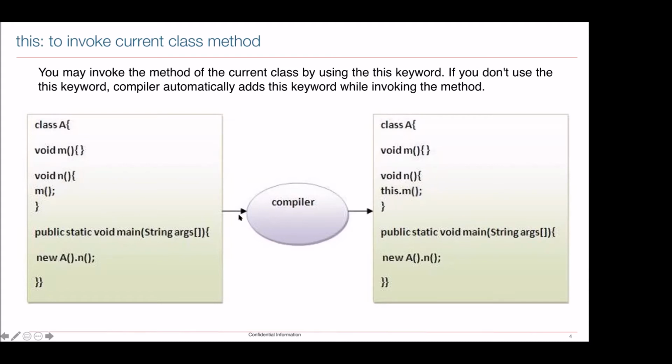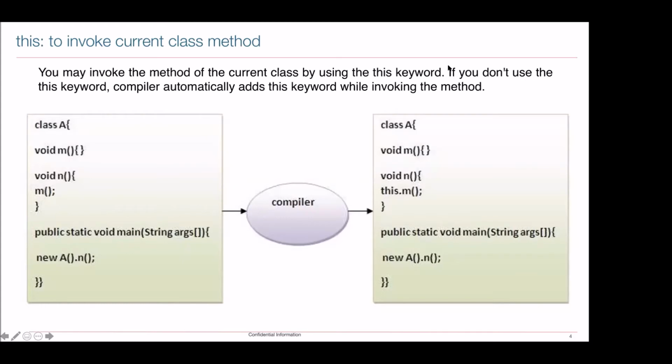Now when the compiler compiles the code, in your .class file, if you open and see, you can see this.m, which means it is saying whatever is the current instance of the object, I want to call that object, meaning this dot, instead of m, it will be this.m. So this is how your compiler behaves.